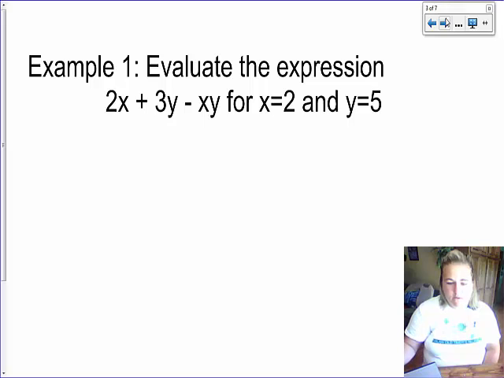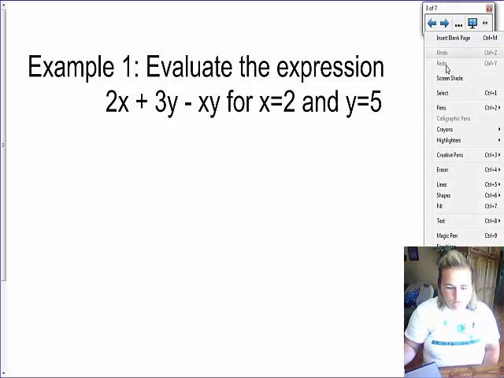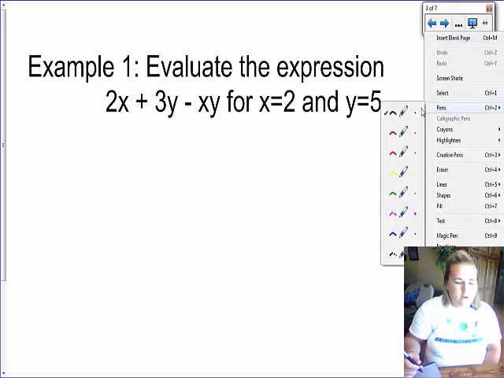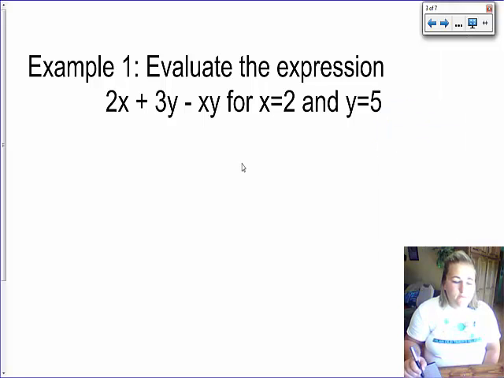So what we're going to do is, let me get out my pen tool here. Okay. So I'm going to rewrite things the way that I see it, except for in the place of x, I'm going to put 2, and in the place of y, I'm going to put 5.